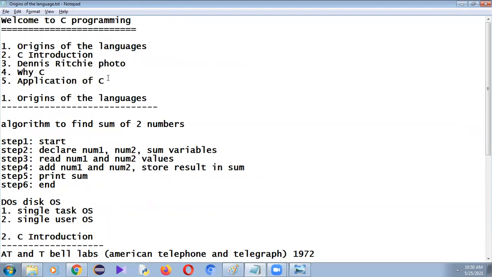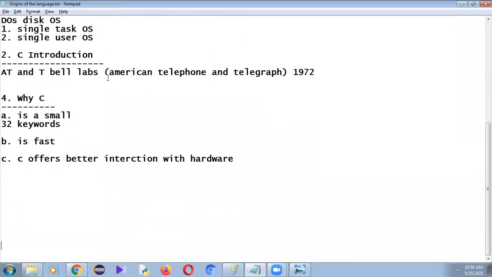Next, let's see the applications of C programming. The first application, can you guess? It is used to develop operating systems.